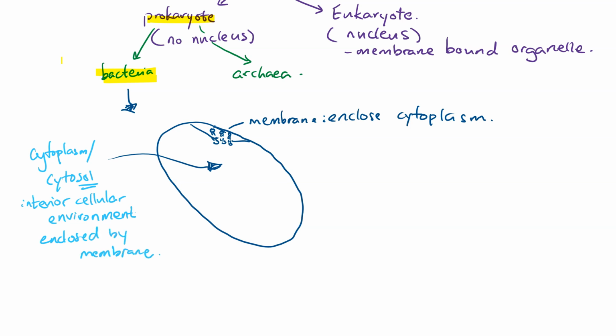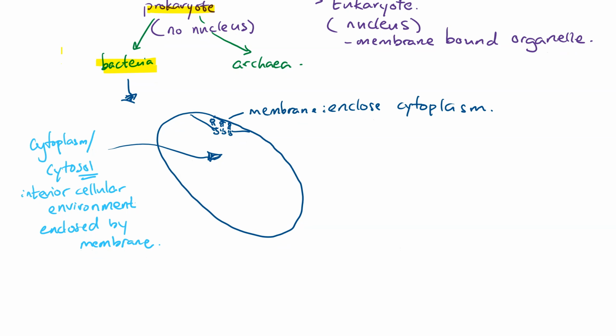Occasionally, this bacteria has an additional layer of protection. That's not a very good way of drawing it. And we call this additional layer the cell wall.